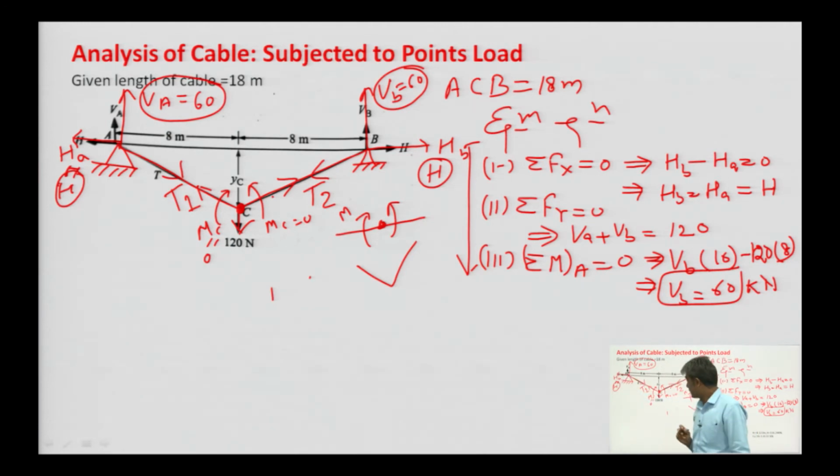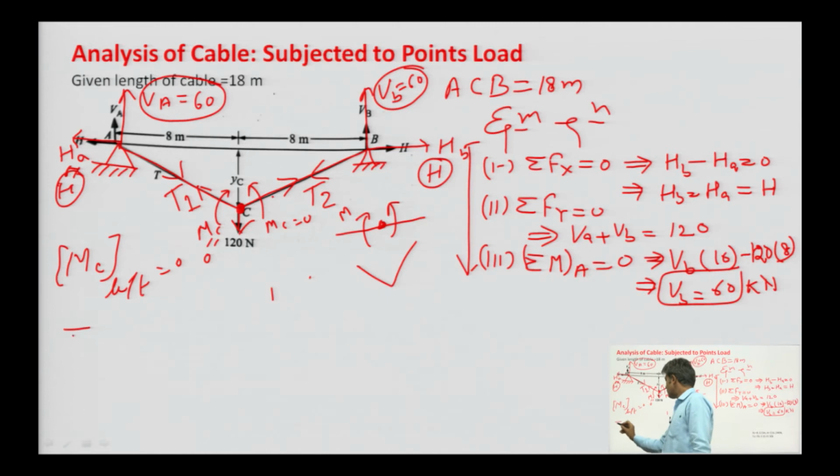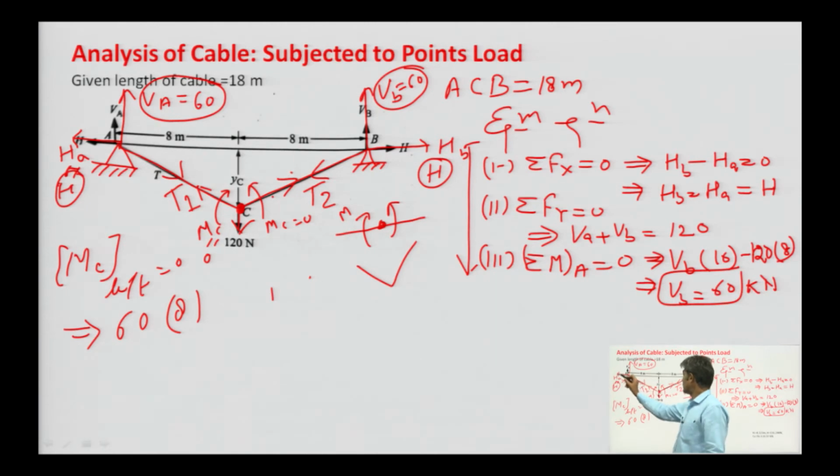So, this additional equation can be used to find the value of the horizontal thrust. Let us apply MC equal to 0 for the left part. What are the forces on the left-hand side? VA into perpendicular distance 8. VA value is 60 into 8, direction is clockwise, and the horizontal thrust H is anti-clockwise.